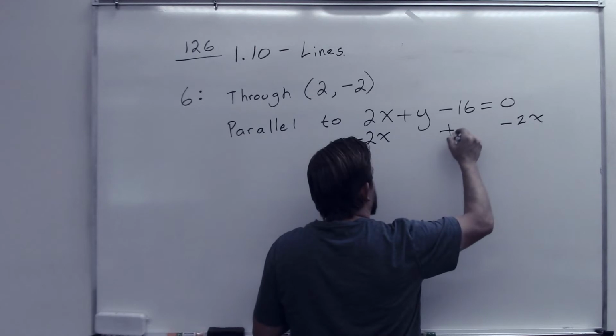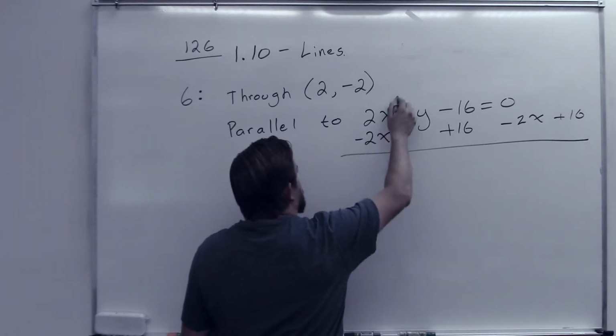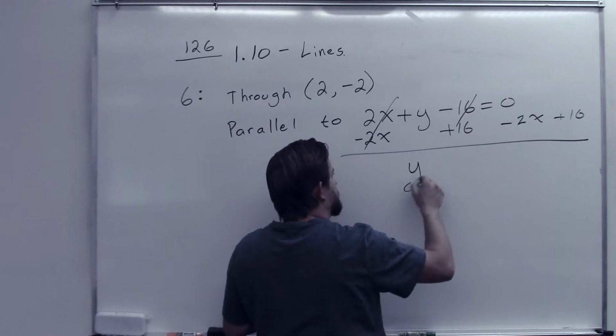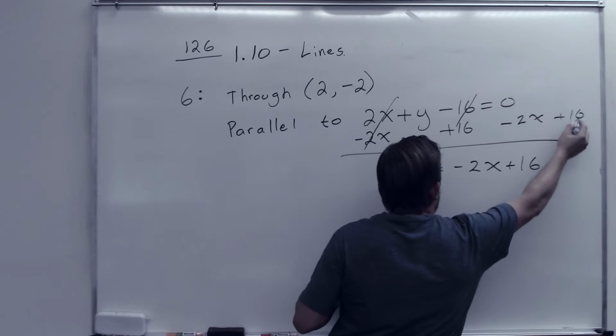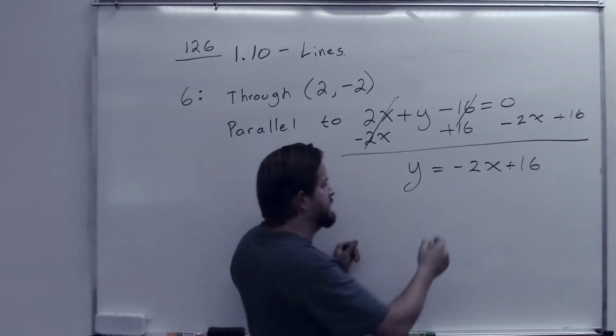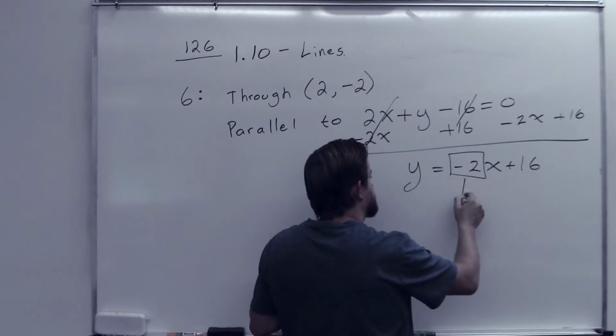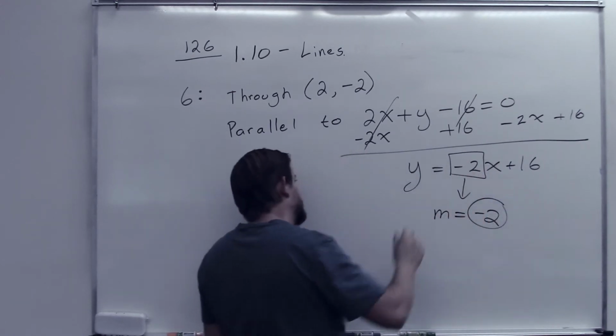At the same time, I'll add 16 to both sides. That leaves me with y on the left-hand side equals negative 2x plus 16. Right? And that's it.